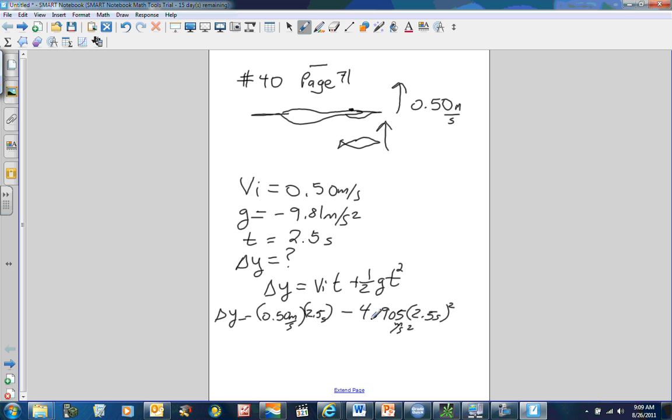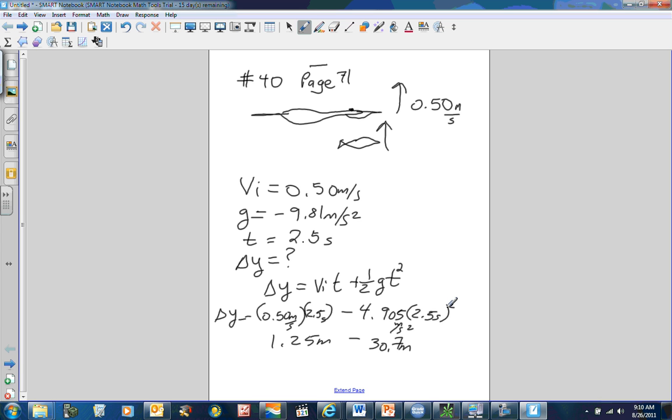All right, so let's multiply all this out. 0.5 times 2.5 is 1.25. So I get 1.25 meters there, minus 4.905 times 2.5 squared, which is 30.7 basically. So we'll write that out: 30.7, and this is also meters.